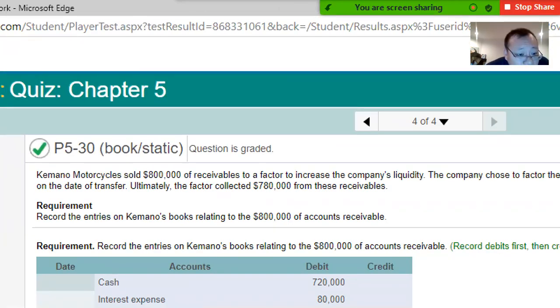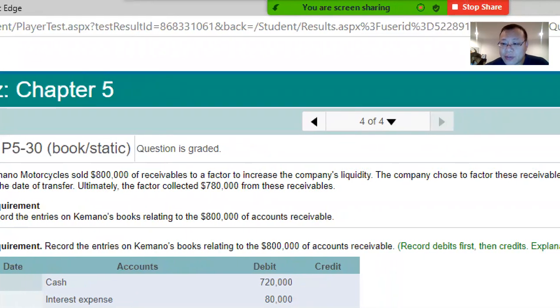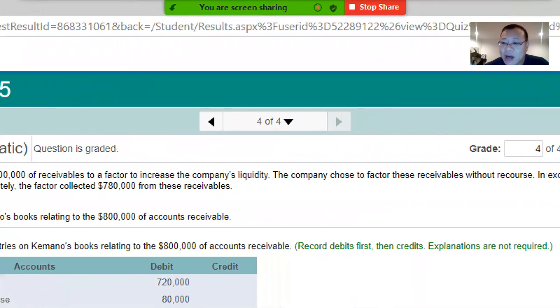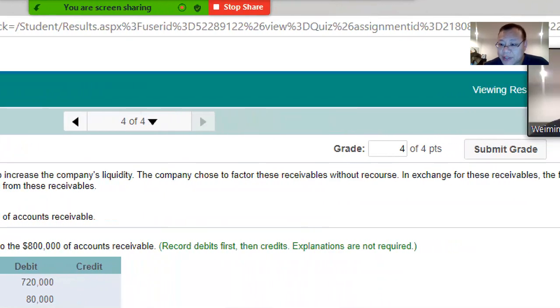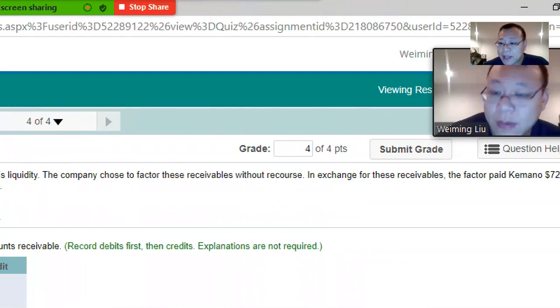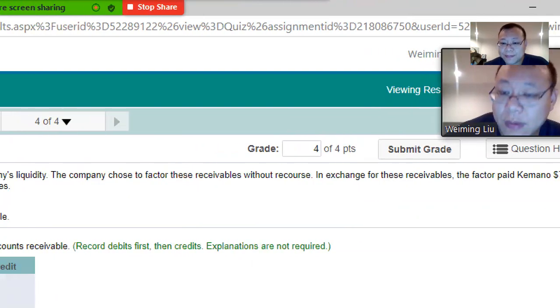Cameron Motorcycles sold $800,000 of receivables to a factor to increase the company's liquidity. The company chose to factor these receivables without recourse. In exchange for these receivables, the factor paid the company $720,000.